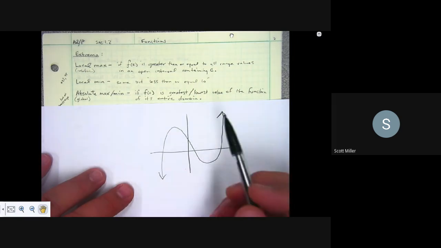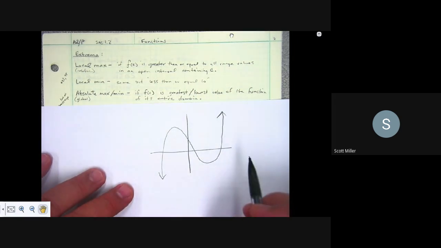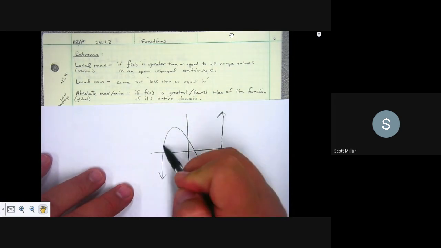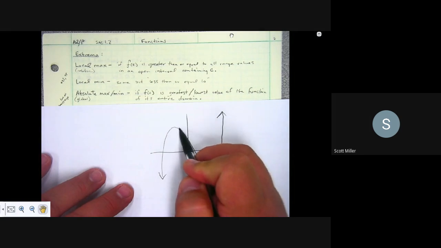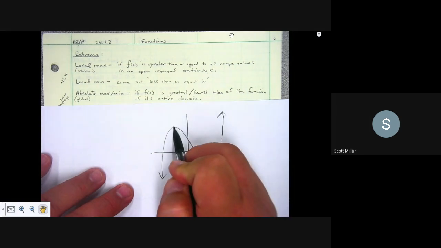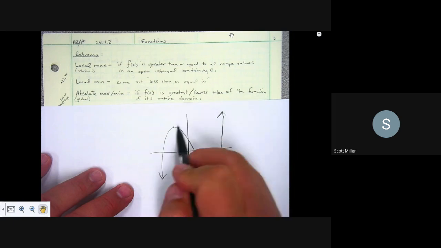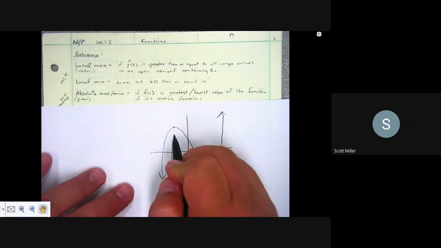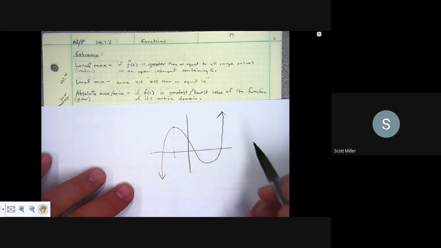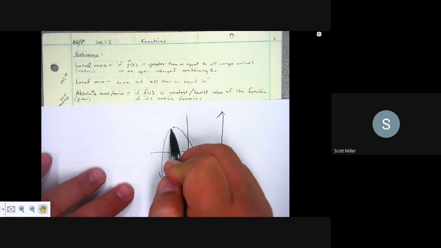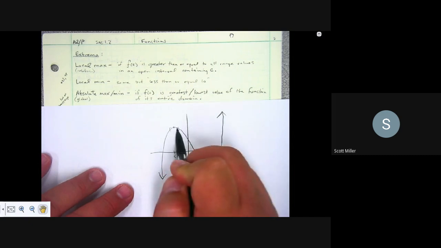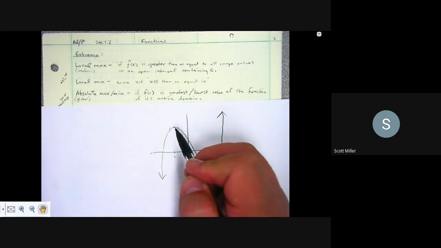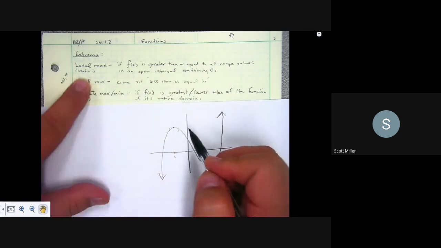A local max is in a local confined area. This graph is going up, and then it peaks out, and then it comes back down. So somewhere right here at the top is a value, f of c. It occurs when x is c. Is that the highest value of all the values right around it in this localized area? Yes, it's a peak. Okay, so if a graph goes to a peak, that is called a local max.